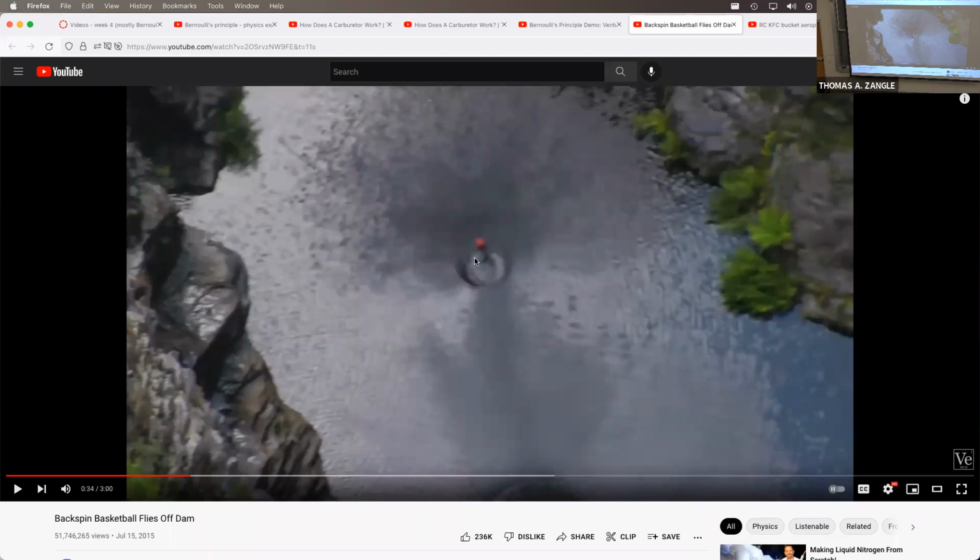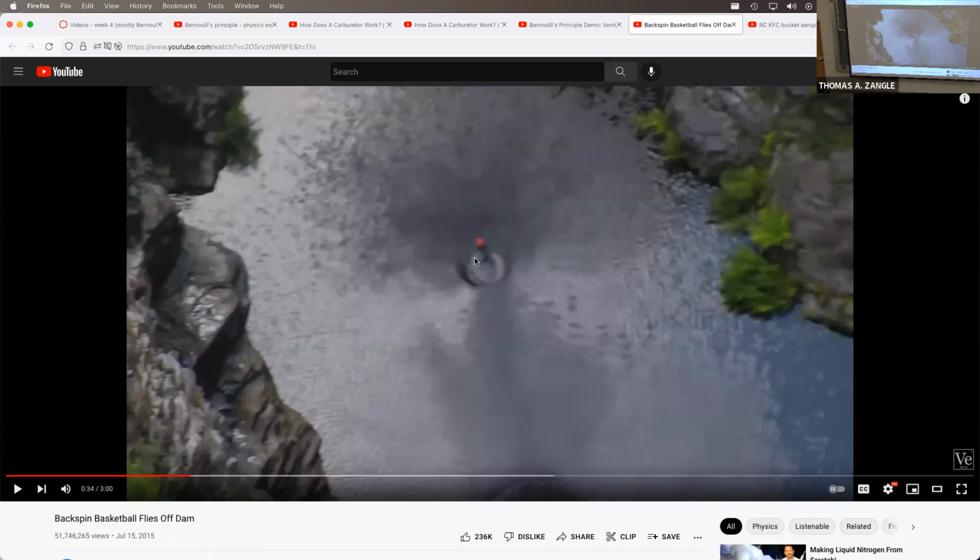So we imagine now we have a ball, and that ball is spinning. We're throwing some backspin, and it's coming into oncoming air like this.